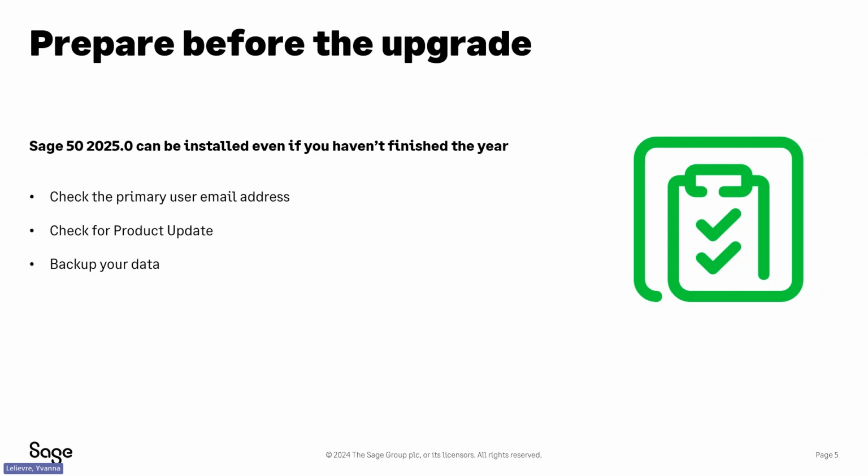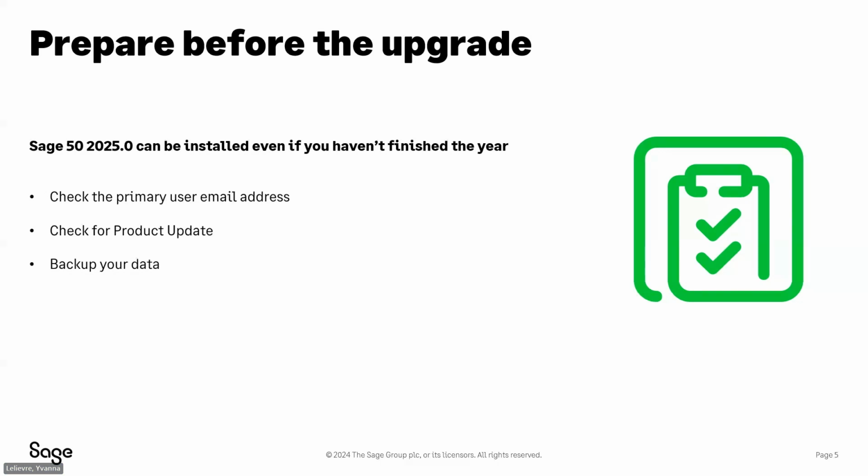There's a few things you need to check before doing this update. And one of those things might be slightly different for some of you compared to prior updates. It is to check the primary user email address.